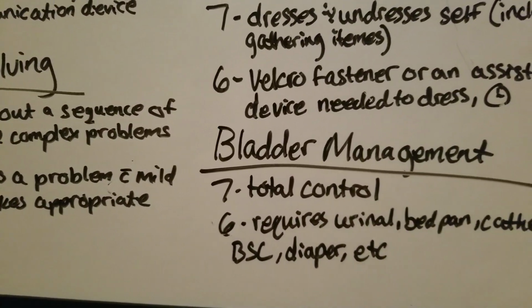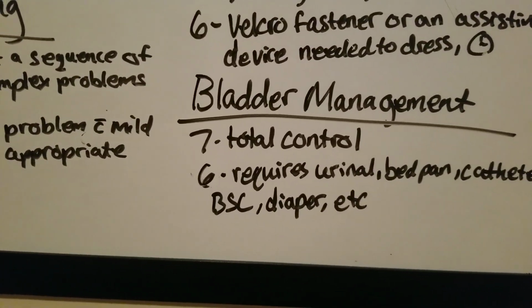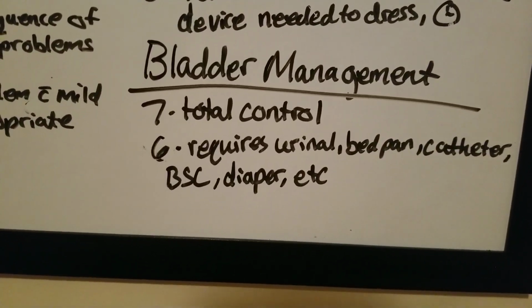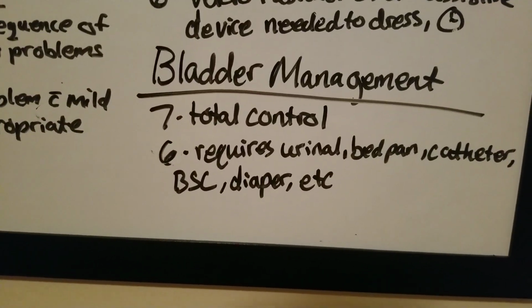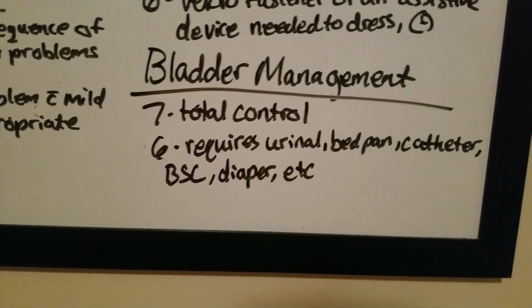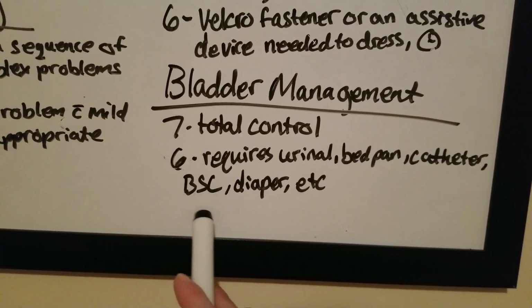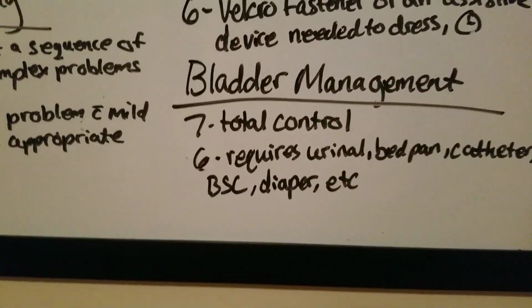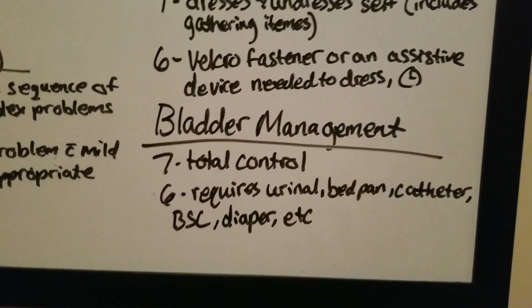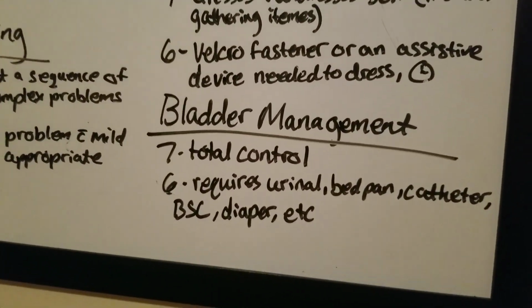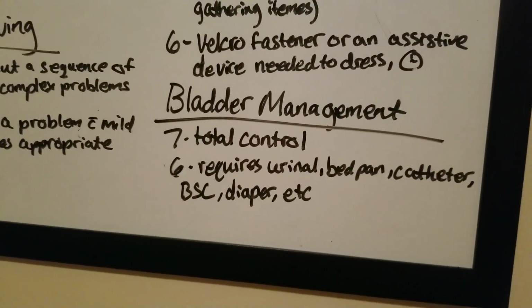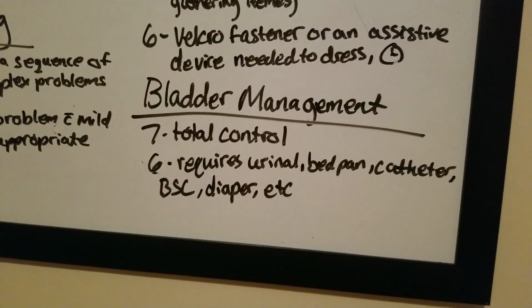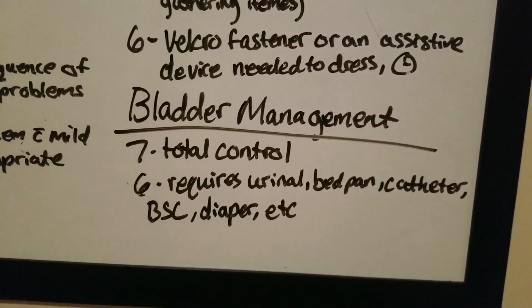Total control here. The individual is doing grand. A 6, the individual may require a urinal, bedpan, catheter, bedside commode, a diaper, any assistive device that they need in order to complete their functions in terms of the bowel and bladder.